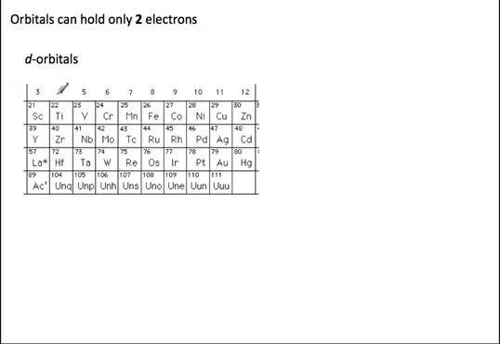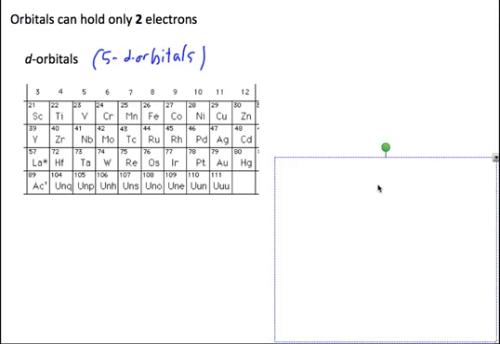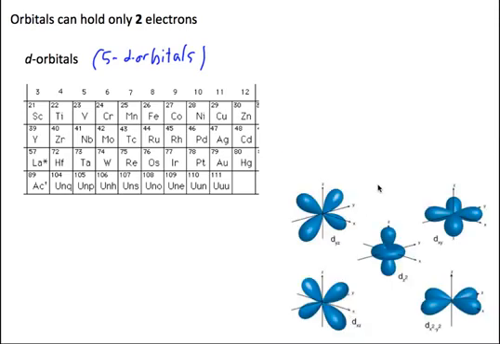Finally, we have the d block. The d block is 10 elements wide. Rows 3 to 12 is 10 elements, and so we need 5 d orbitals. When we look at the solution to the Schrodinger equation, we get our 5 d orbitals, and they look something like this.